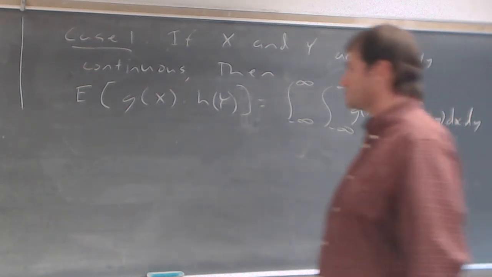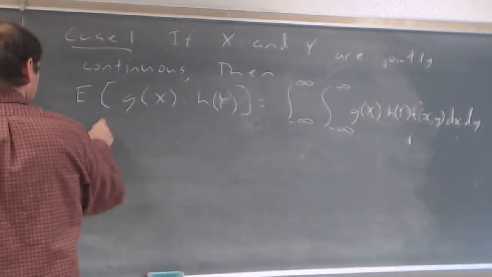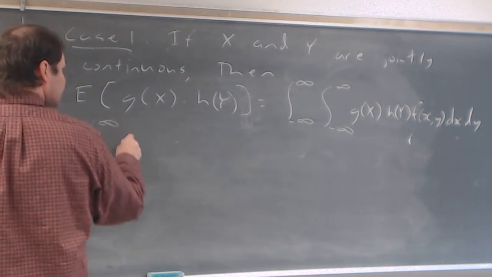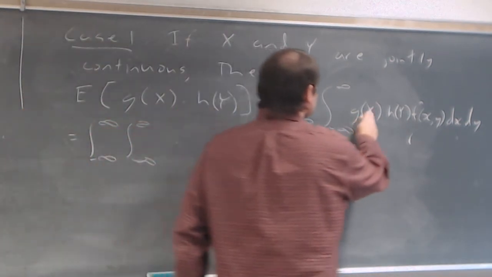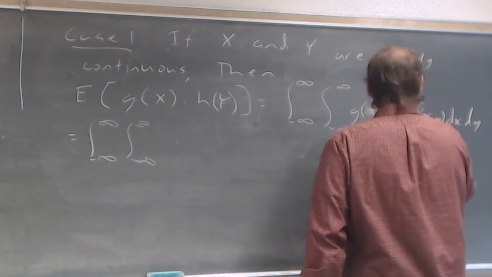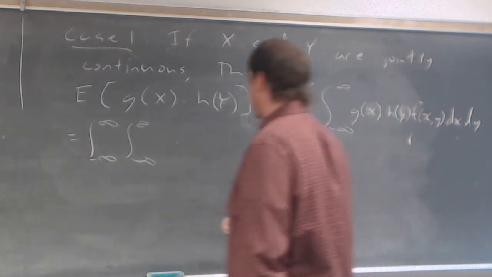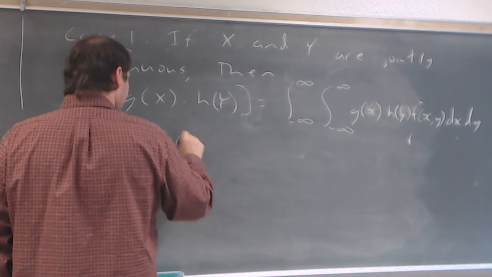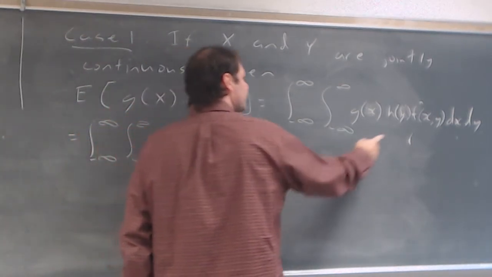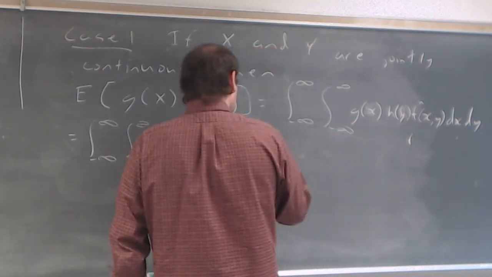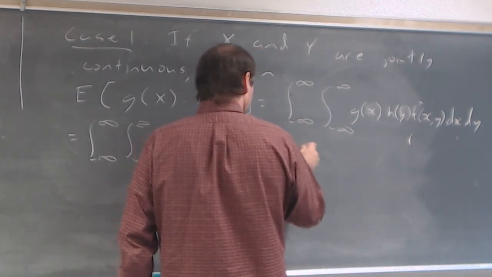That's where we are. And then that's going to be the double integral, and here this x should be a little x, this y should be a little y, my mistake. This is g of x, h of y. Here, because of independence, the joint can be written as the product of each individual.